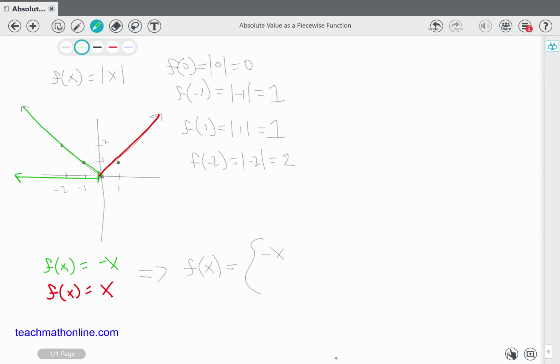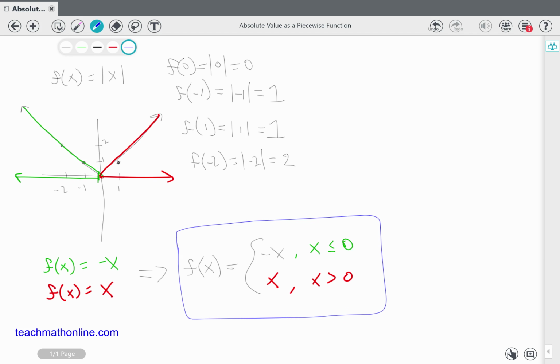So it's going to be when x is less than or equal to 0. And for the red equation, we see it's defined from 0 on. So this will be x when x is greater than 0. So this here is the absolute value of x defined as a piecewise function.